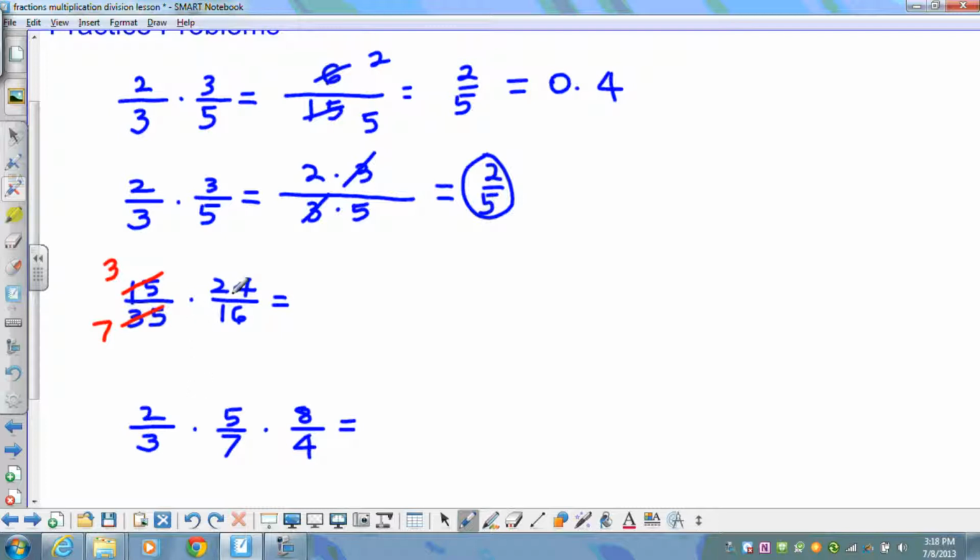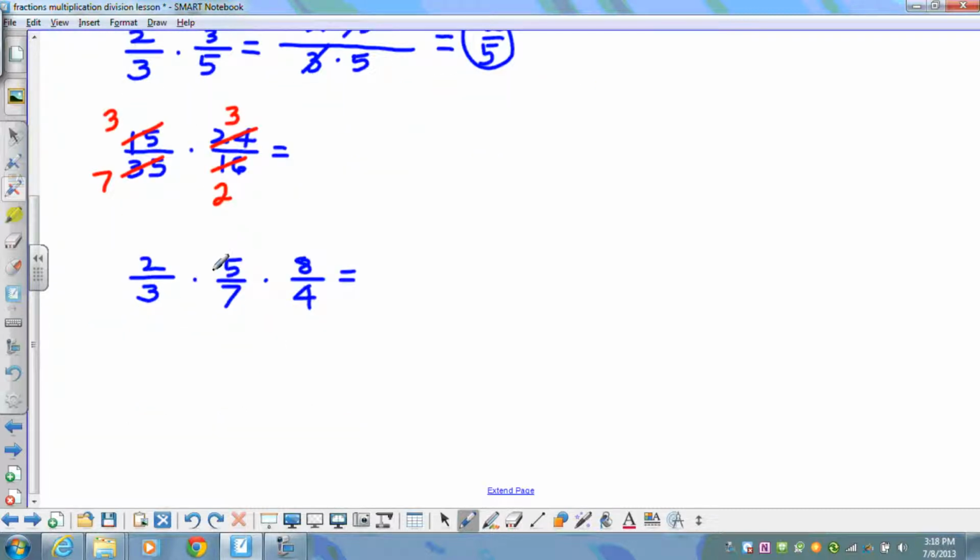As a matter of fact, 8 goes into both of them, so let's do it. 8 goes into 16 2 times, and 8 goes into 24 3 times. So then we can write the product as 3 times 3 in the numerator, over 7 times 2 in the denominator. So simplifying that, we will get 9 over 14.